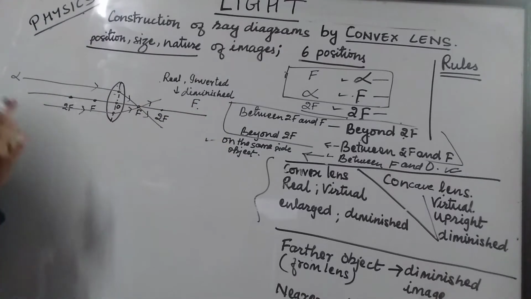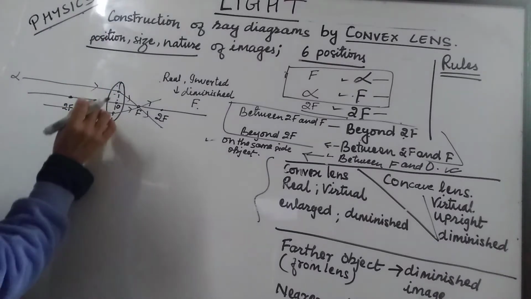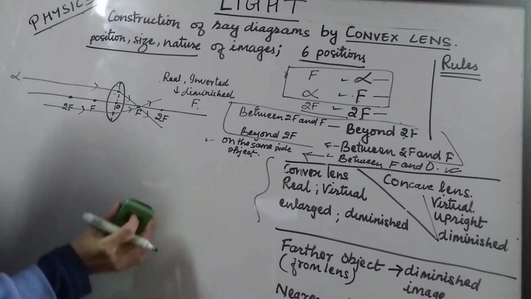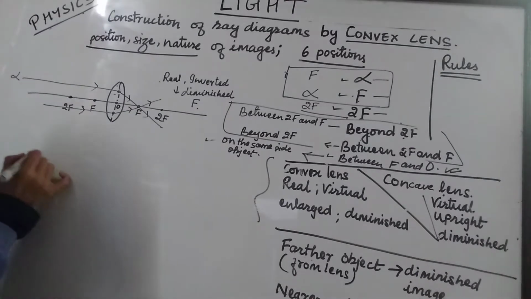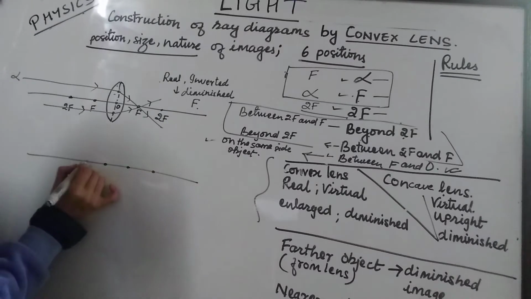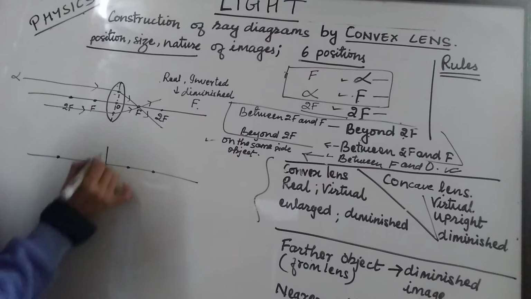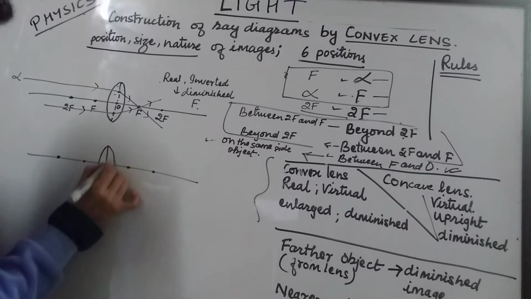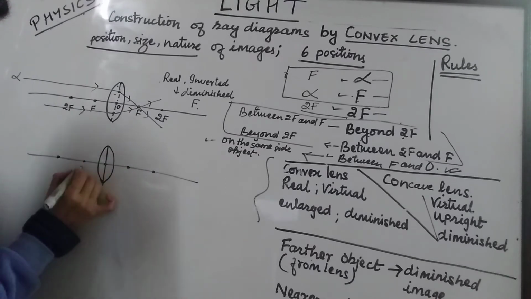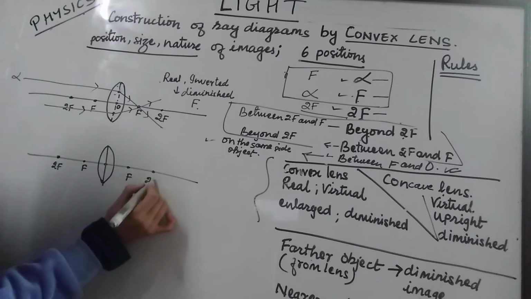So this is the ray diagram for the first position. Now we will see just the opposite of it. When the object is placed at F, lens position, this is F, this is 2F, this is F, this is 2F.